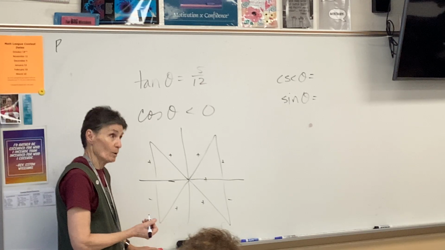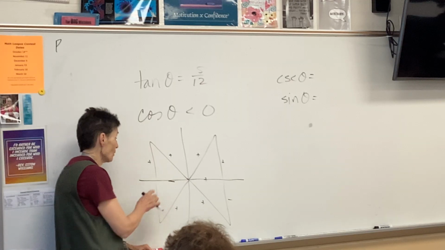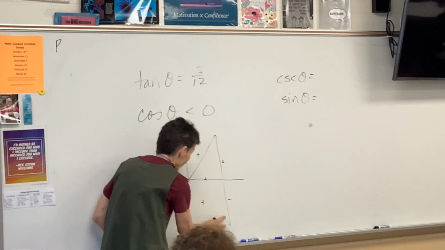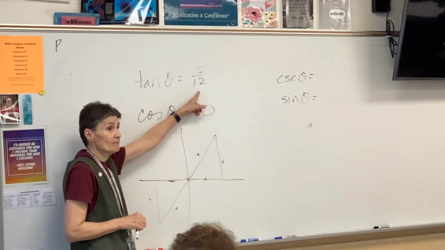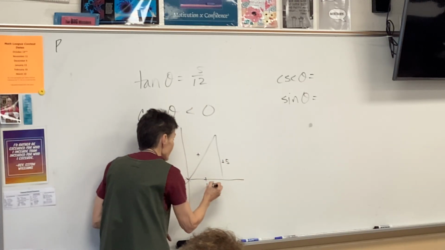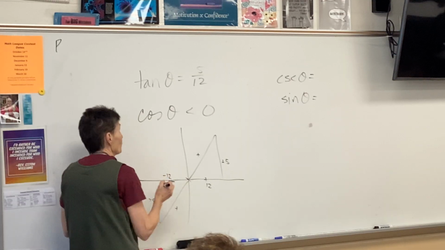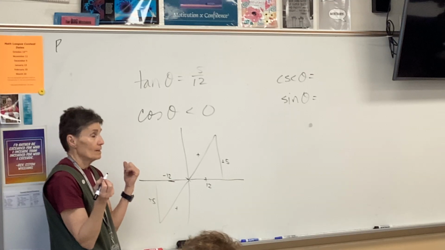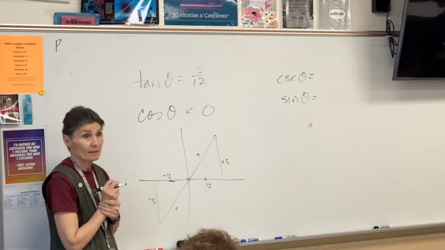Because both are negative. So tangent is opposite over adjacent. So this quadrant won't work. And this quadrant won't work. So we narrowed it down. This is a positive number. So I'm either going to have 5/12 or negative 5, negative 12. That's what I'm going to have. Now, I also need the cosine to be negative.